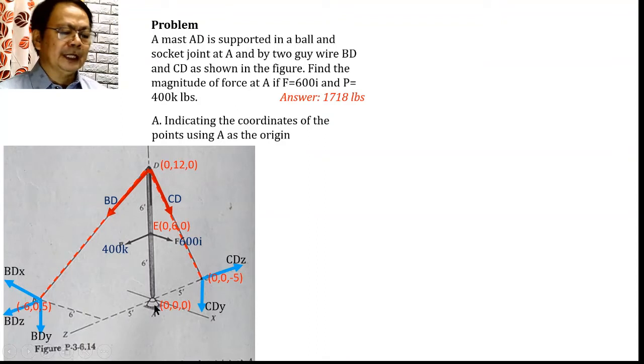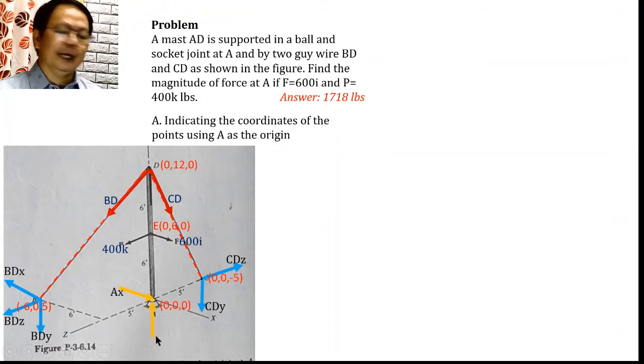So ipakita rin natin itong support dito, since this is a ball and socket connection. Meron tayong inaasahan na tatlong components dito. Bagamat hindi natin alam ang kanyang direction, pwede tayong mag-assign na ang direction ng components dito ay directed towards the positive direction of the axis. So that we shall have here A sub x towards the positive x-axis.